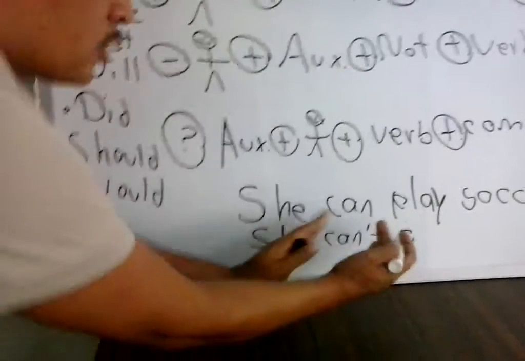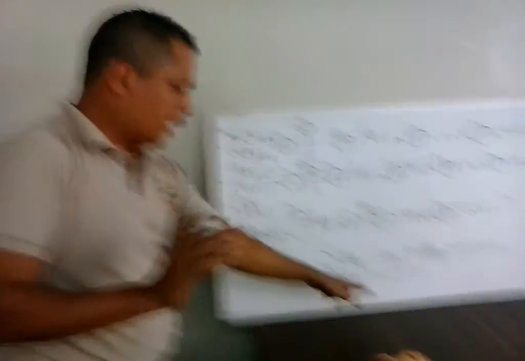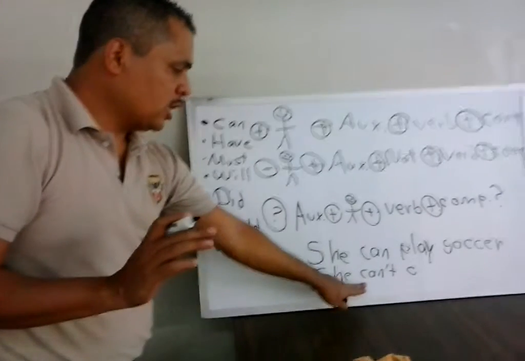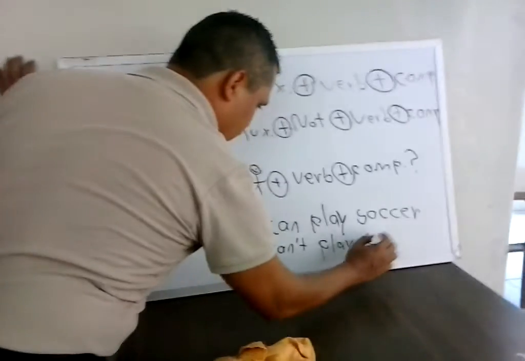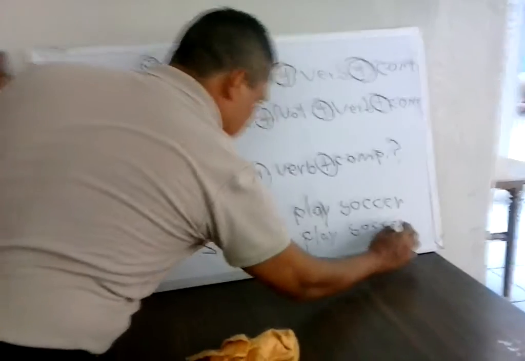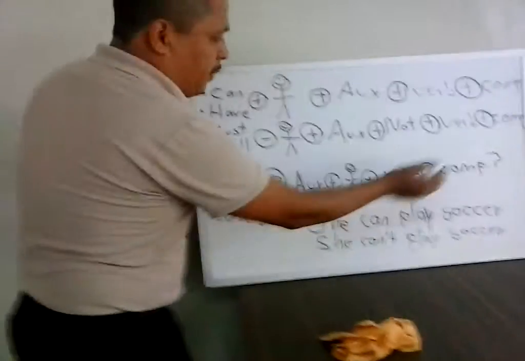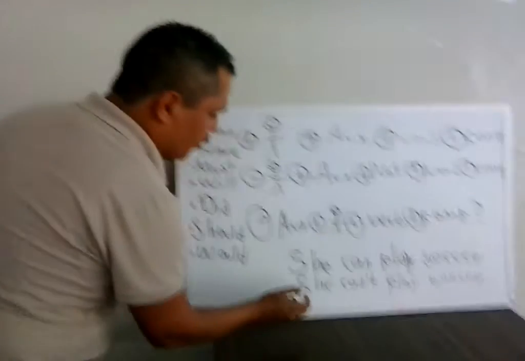This is the contraction. The contraction is used to reduce, to make our English easier to pronounce. She can play soccer, she can't play soccer.